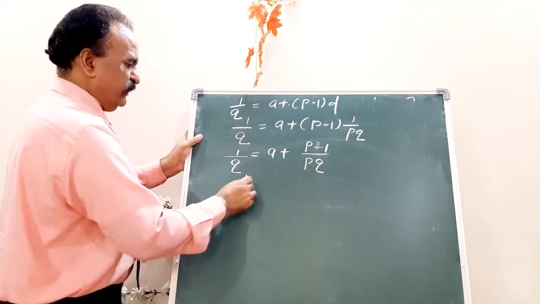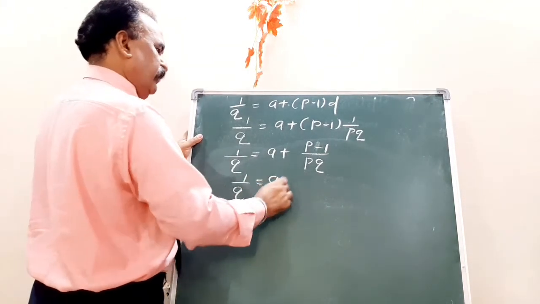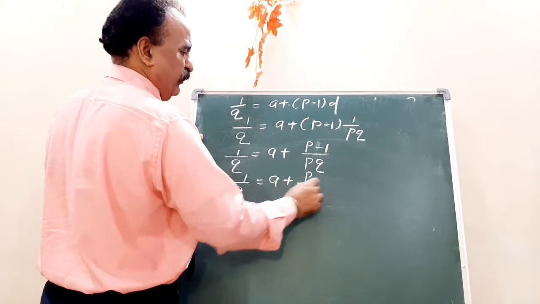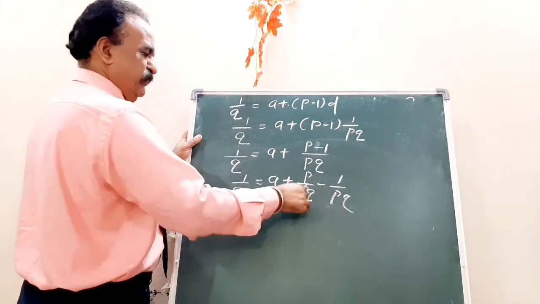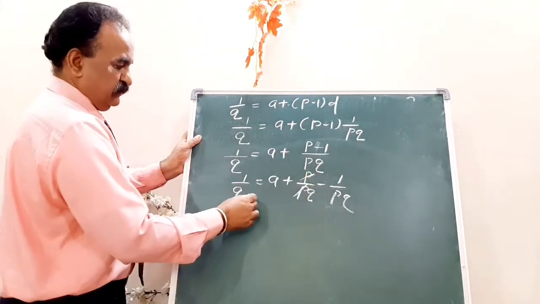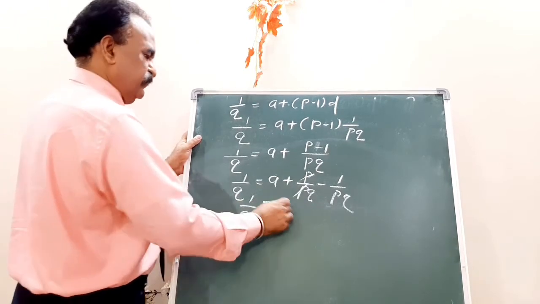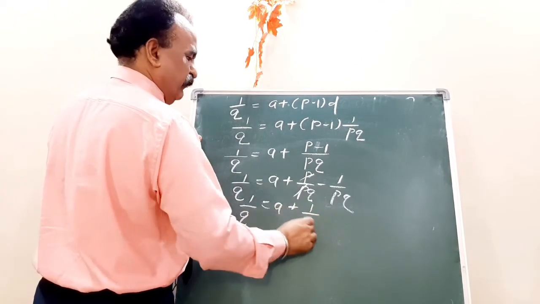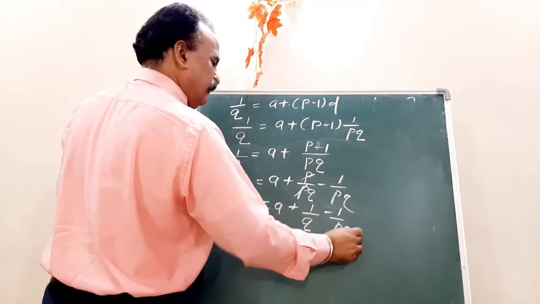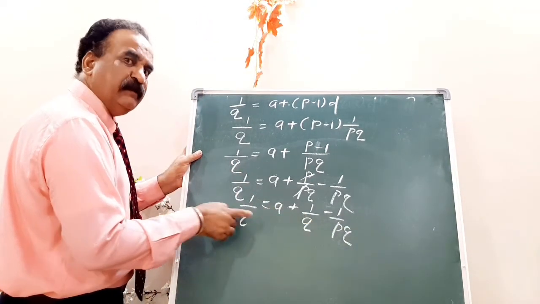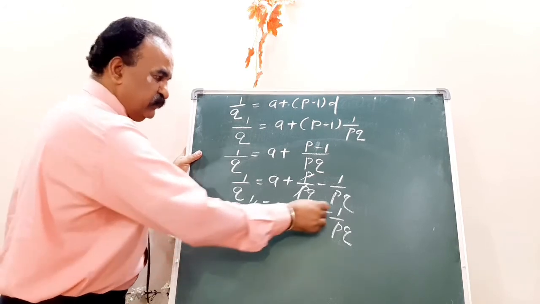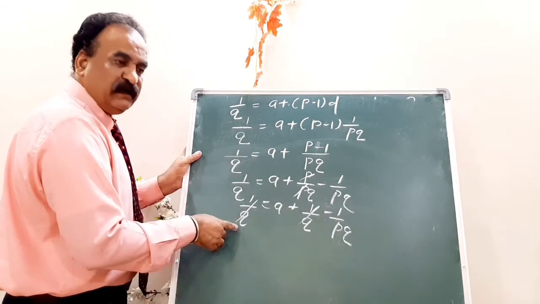So you will get 1 upon q is equal to a plus p upon pq minus 1 upon pq. p will get cancelled. So 1 upon q is equal to a plus 1 upon q minus 1 upon pq. And when you transfer 1 upon q this side, it becomes negative. So these two will get cancelled. Here you will get 0.